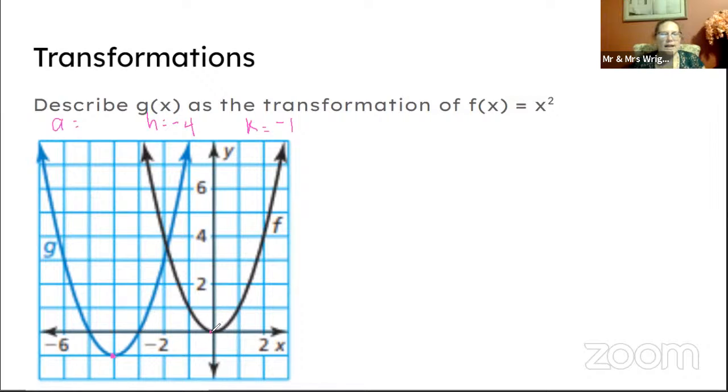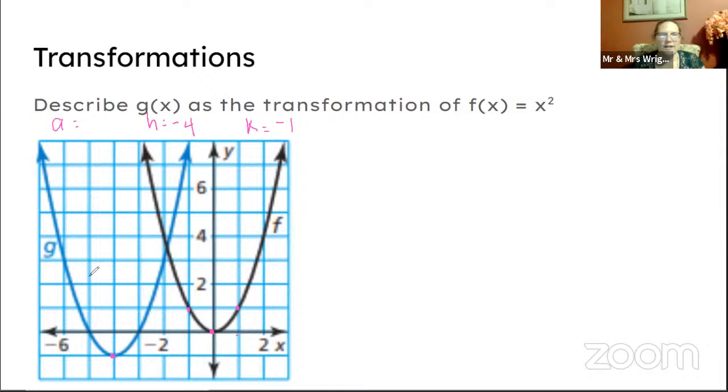When we look at the vertex here and we go over 1, if our x is 1, our y is also 1. So we've gone over 1 and up 1, and it's the same on both sides because this is symmetrical.